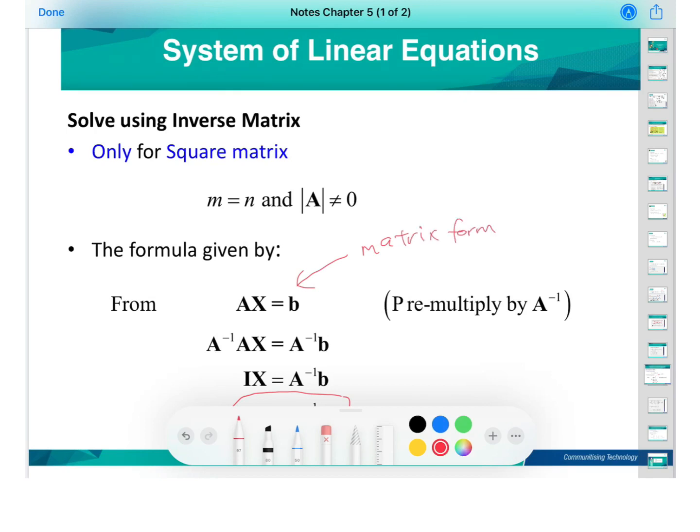From this matrix form, if I multiply A by its inverse, then we'll have I. I is what we call the identity matrix. An identity matrix is where your leading diagonal is equal to 1 and everything else is equal to 0.